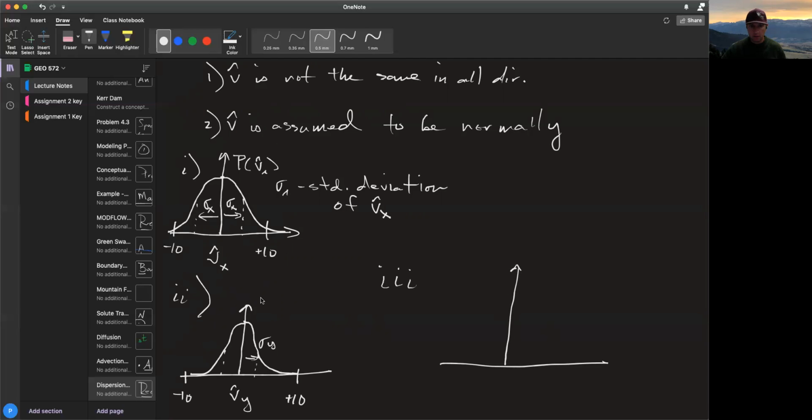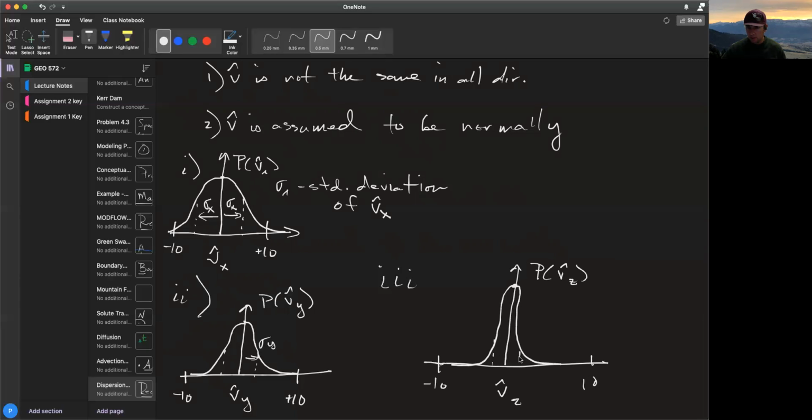All right, and sorry, this is p v y. This is the probability of velocity, of the random velocity in the z direction. And again, so this is vz, and our most probable value is here at 0, and this one might drop off really fast, right? As an example. And so here's minus 10, and here's 10.